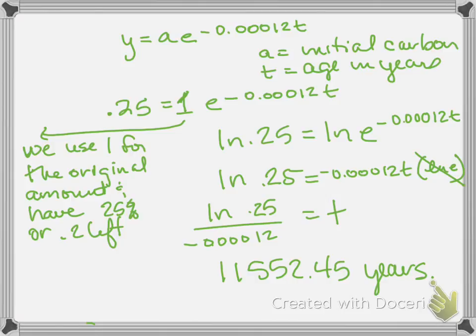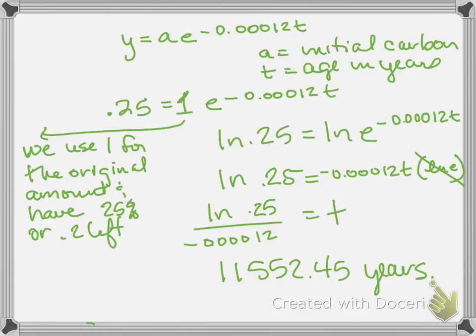It's talking about carbon dating, so you have 25% left, and it wants to know what's going to be the number of years. In this case, and this is something to think about as you do your examples, I use 1 for the amount that started, and 0.25 for how much I have left. Because this rate is constant, even if I had 10 grams of something, I would still have 2.5 left at the end of this time. So I can use 1 because I started with 100% and I finished with 0.25 or 25%.